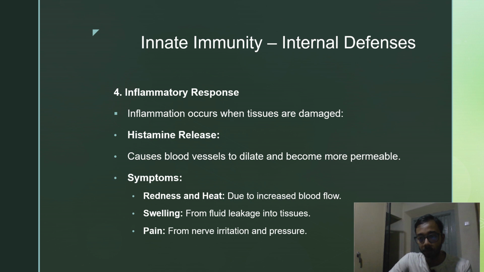And if you get pricked by a sharp object, the same thing will happen, right? The features or symptoms of inflammation are redness, heat, swelling, and pain. Redness and heat are due to increased blood flow to that area. Swelling is basically due to fluid leakage into the tissues, and pain is from the stimulation of pain-sensitive nerve endings in that area and from pressure due to swelling.